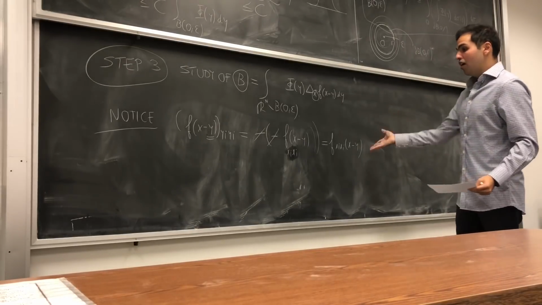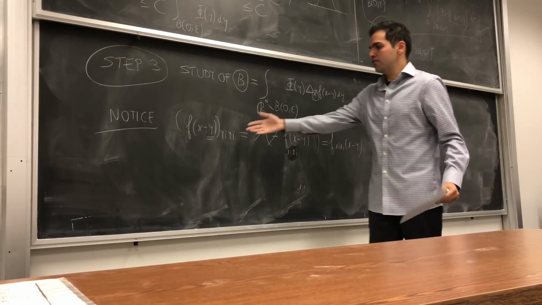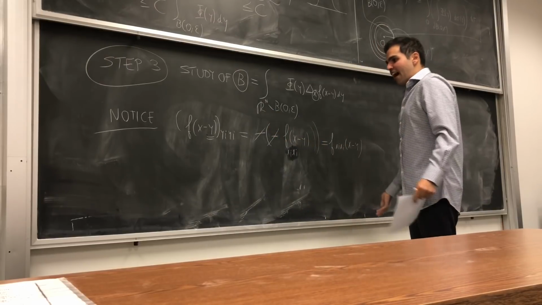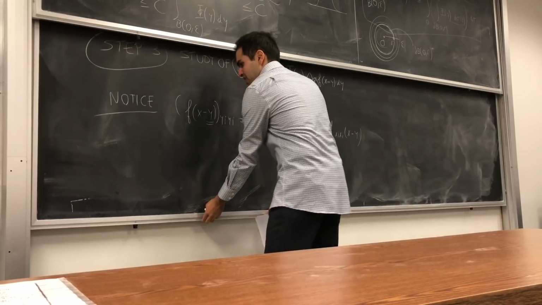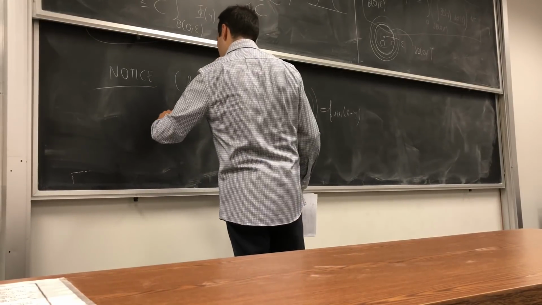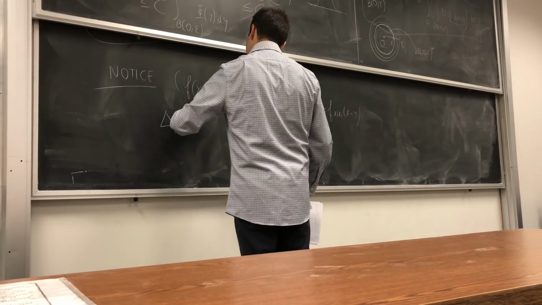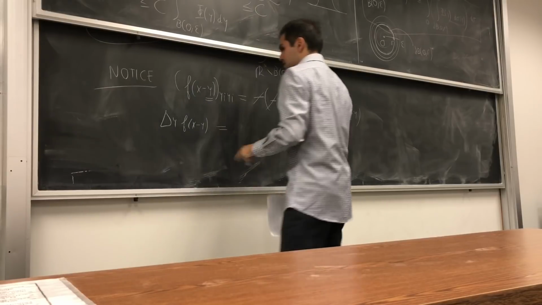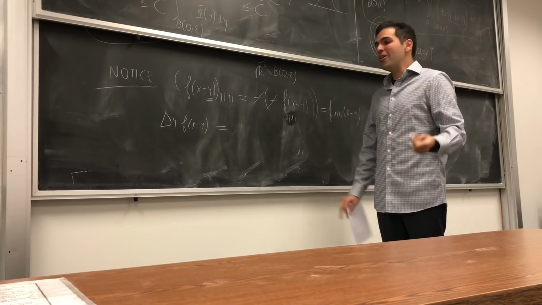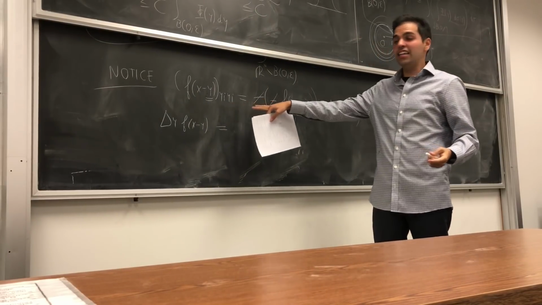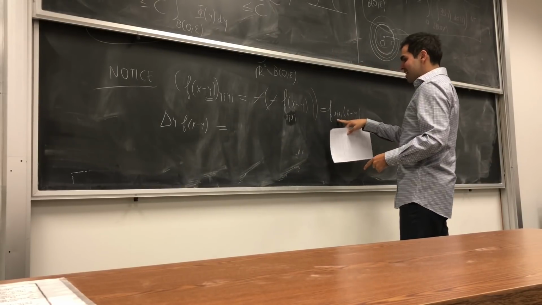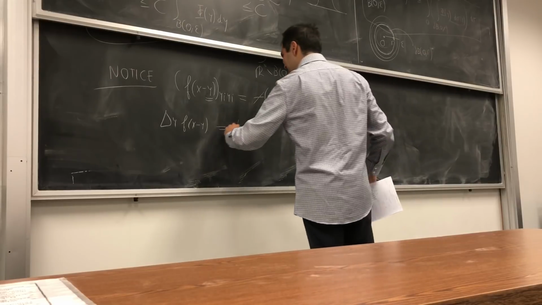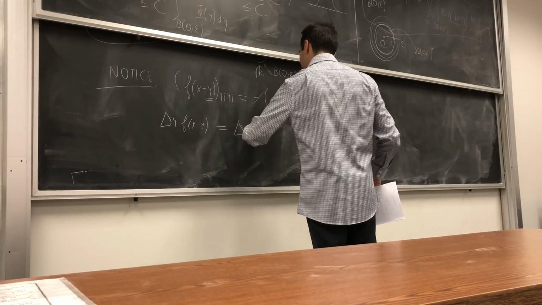And then all you have to do is sum this over all i. On one side, you get the Laplacian with respect to y. The Laplacian is just the sum of all the yi derivatives, and the Laplacian with respect to x is just the sum of the xi derivatives.